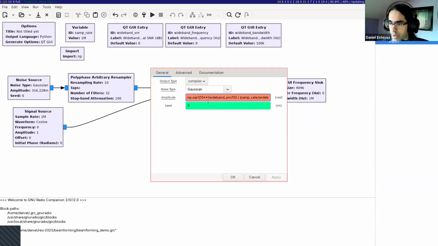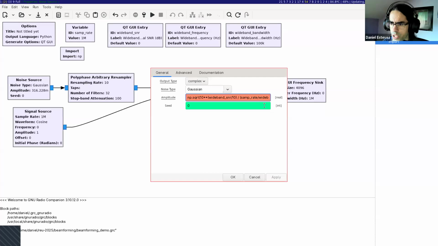And for example, if I want this to be 10 times stronger than the noise, then I would say this is 10 to the power 10 divided by 10, which is basically 10. You know that 10 decibels is the same as a factor of 10, divided by the noise bandwidth. And that makes the signal be 10 times stronger than the noise.